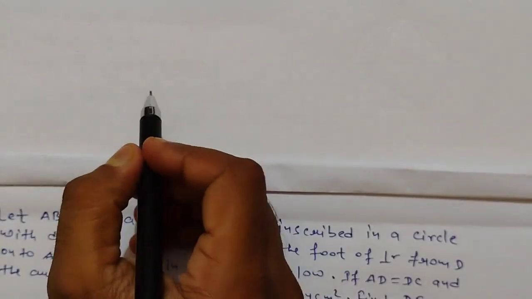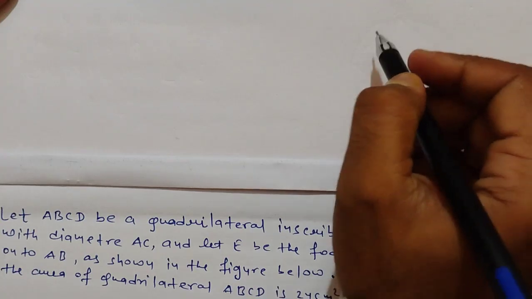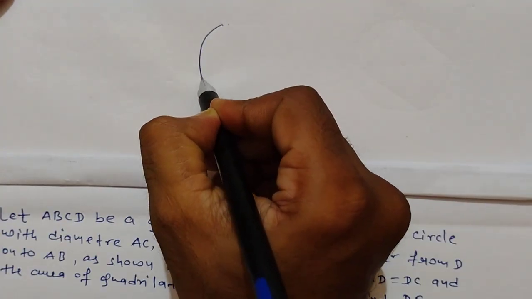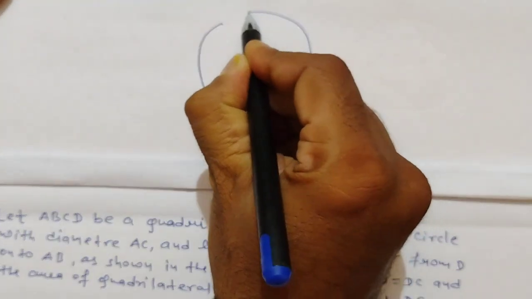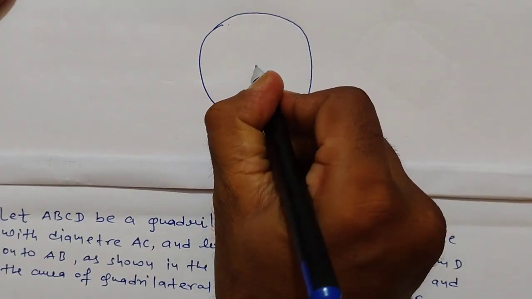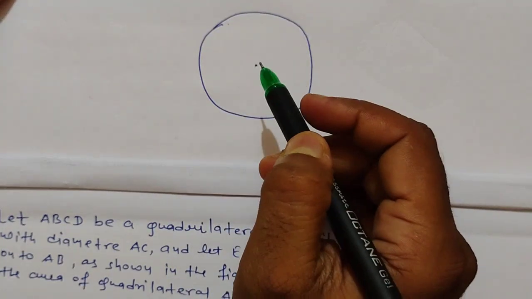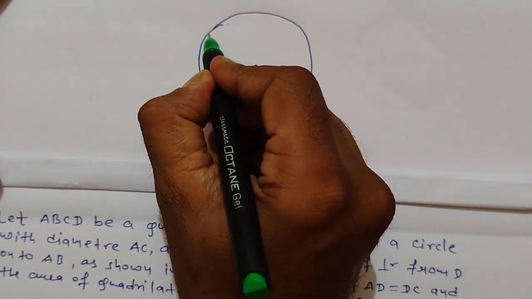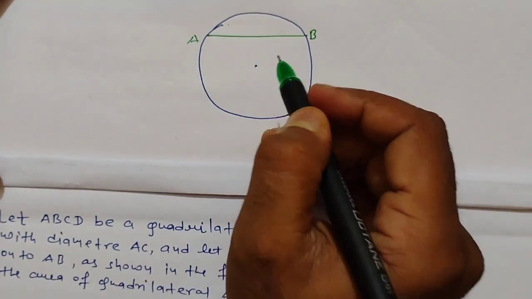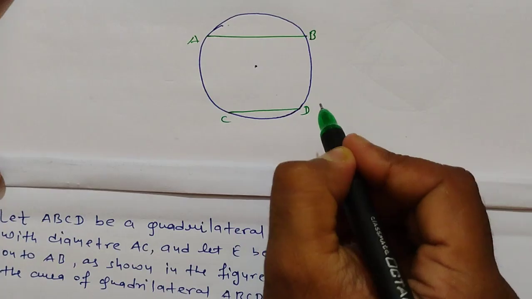Now you can see there is a circle like this, and here AB is the chord and CD is the different chord.